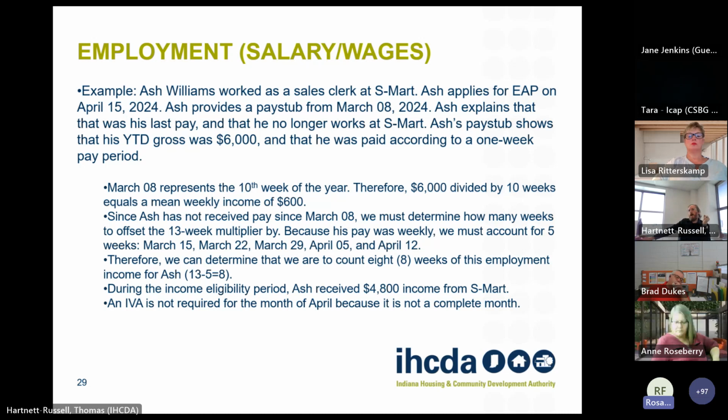Because to me, that looks like he's missing a couple weeks. I can see how it looks that way. The reason I'm saying that is because he's applying on April 15th and basically April isn't done yet. So, April 15th, April to that point so far is 0, but it's not necessarily going to be a complete month of 0. That being said, we want to reduce burden on applicants.